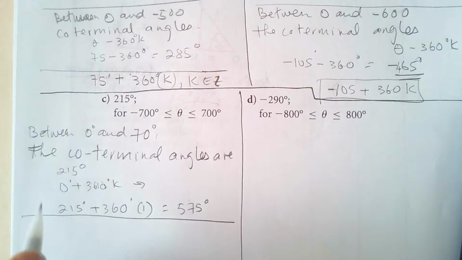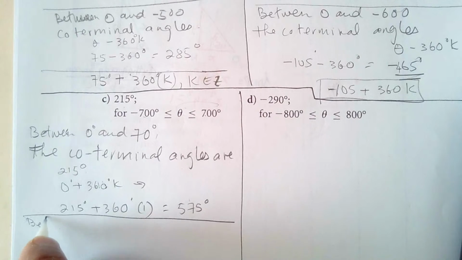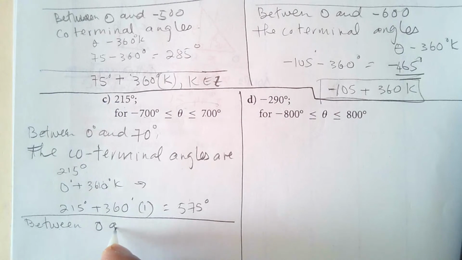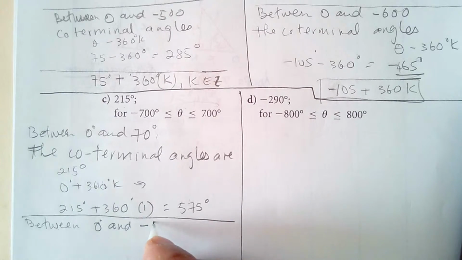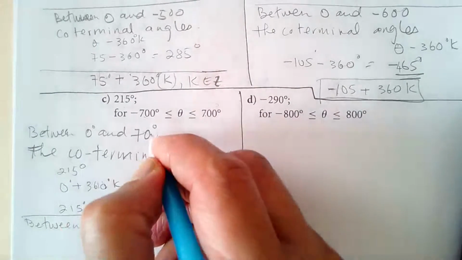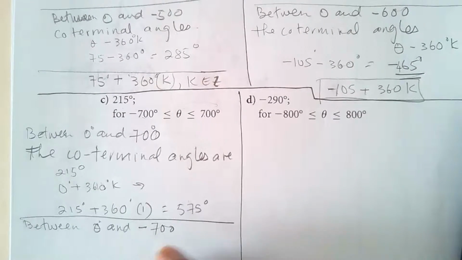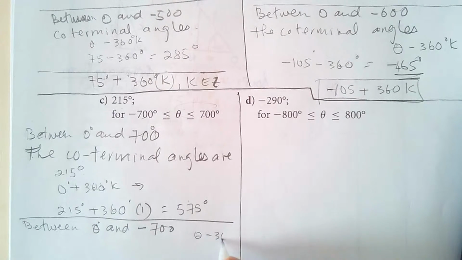Next, we look at angles between 0 and negative 700. So we have theta minus 360.